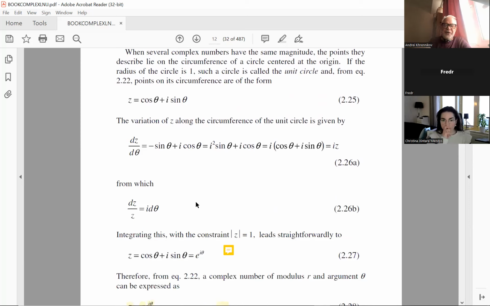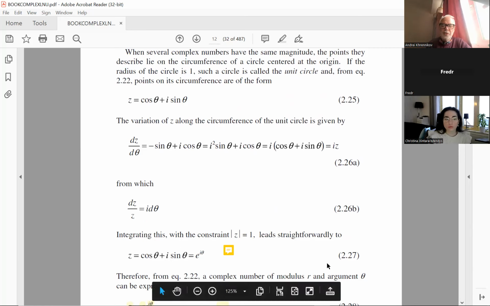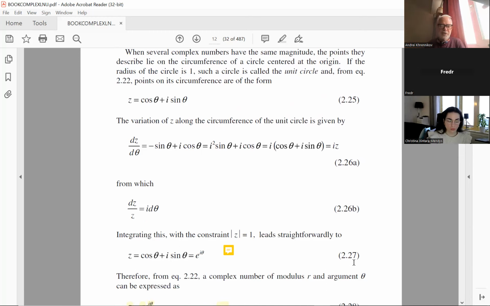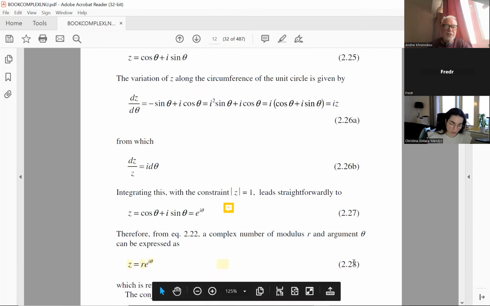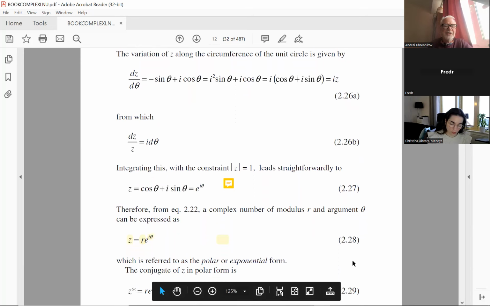Then there is some motivation, but I don't like this motivation. We go directly to this formula, 2.27, and please memorize it for your whole life, both mathematicians and engineers, because this formula is very much used even by people who do engineering, physics, and so on. This is the so-called Euler formula.